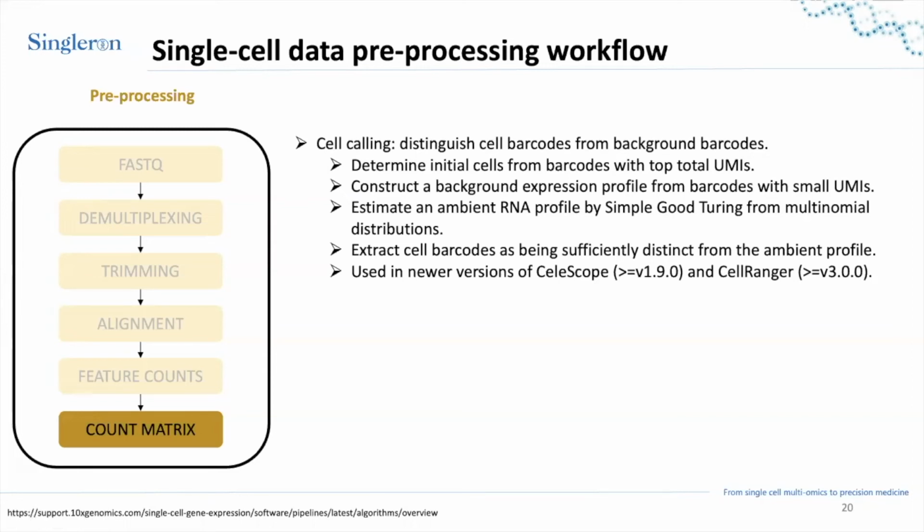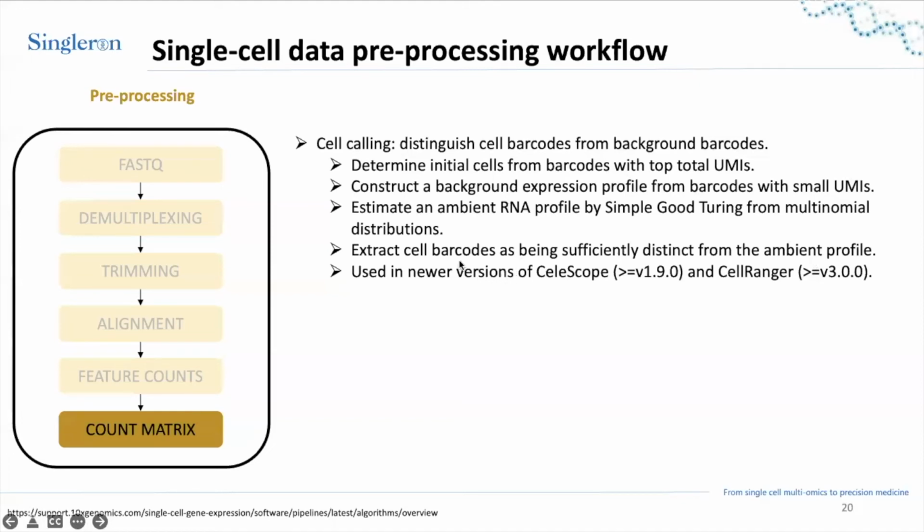From this you are able to infer and determine whether cell barcodes are sufficiently distinct from the ambient profiles, or are they still closer to the true cells that were determined from the first steps.